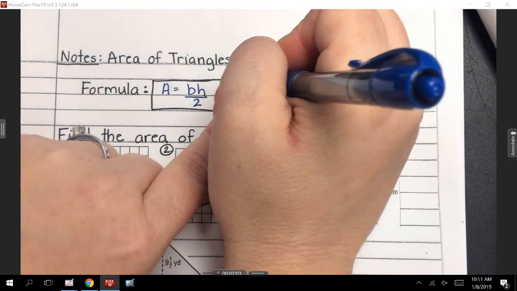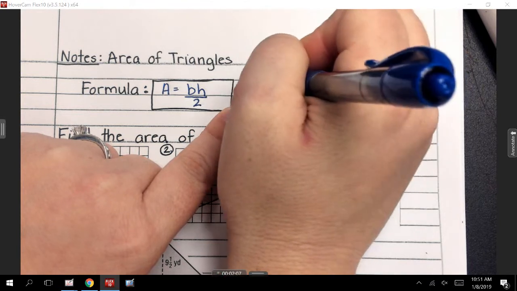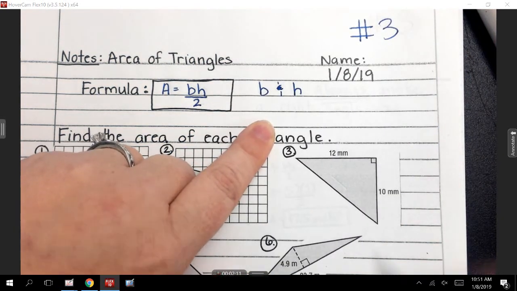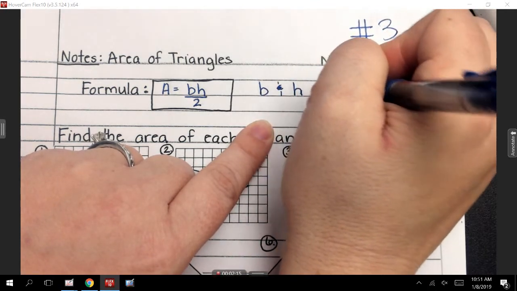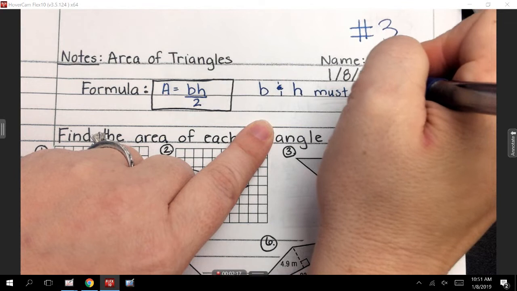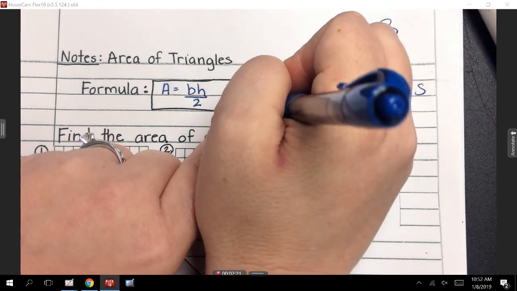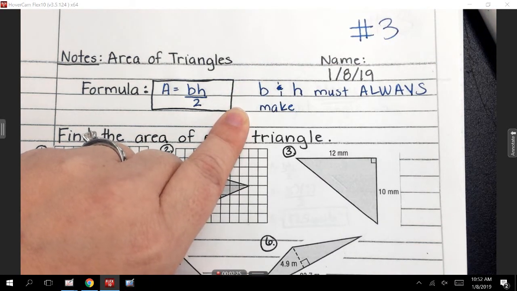All right, my base and my height, and I'm using that little and symbol. You don't have to if you don't want to. My base and my height. What is the rule for the base and the height? They must always make... Does anyone remember what it is that my base and my height always have to make?